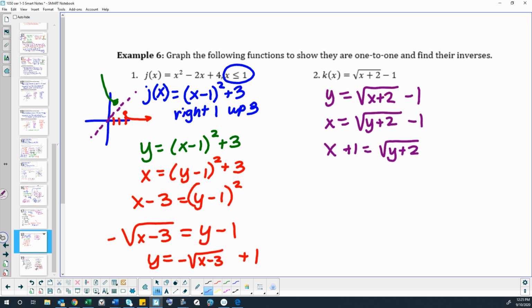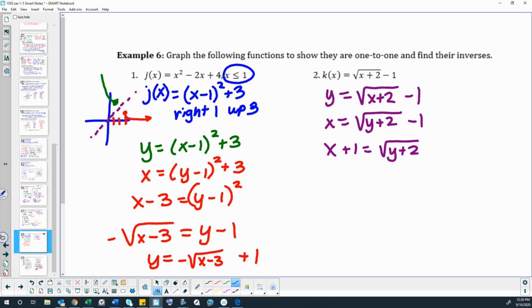I was going to make Tracy do the next step. So what gets rid of the square? Yeah, so just square both sides, right?